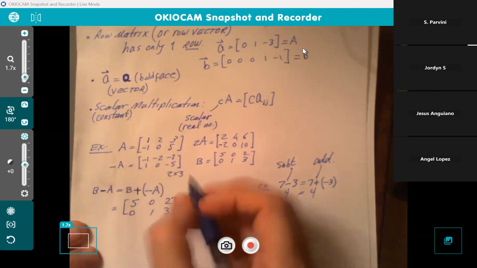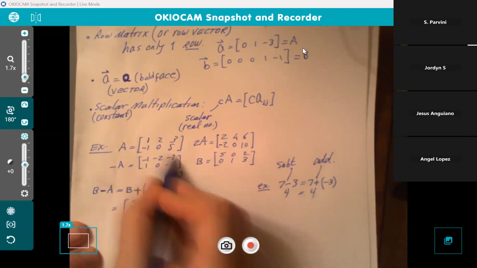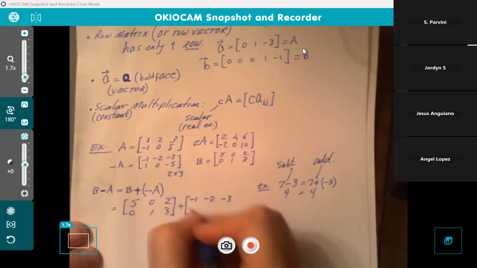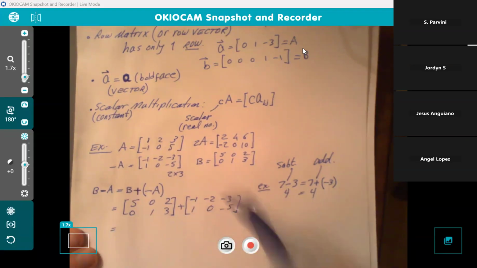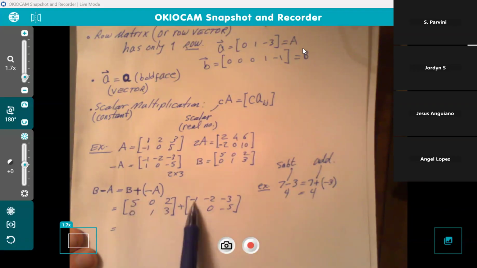And the negative of A. So I'm going to add to this one these elements, -1, -2, -3, and then 1, 0, -5. And remember earlier we said to add or subtract matrices, you combine elements in the same row and column, right?